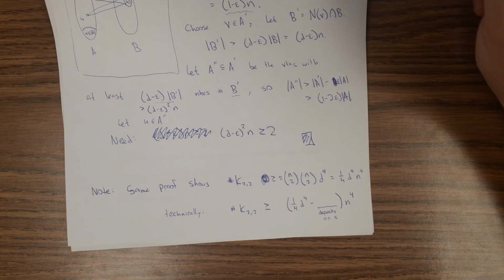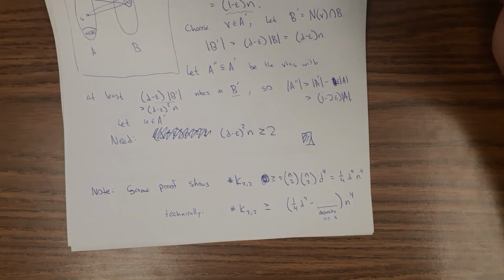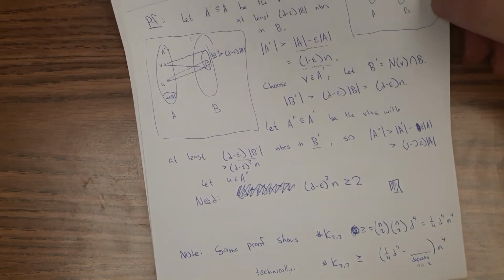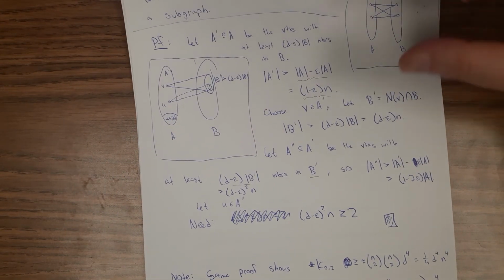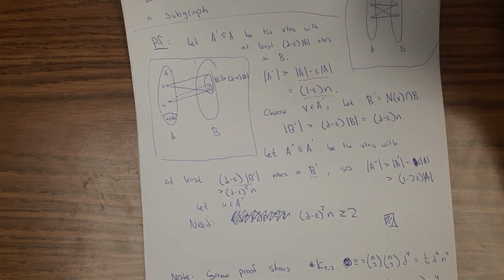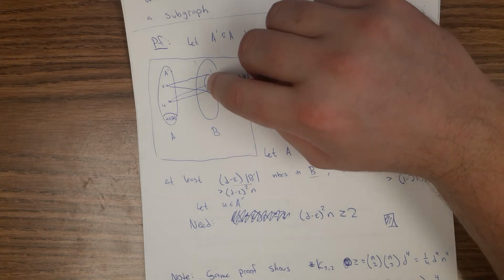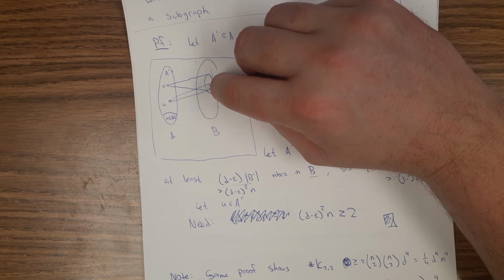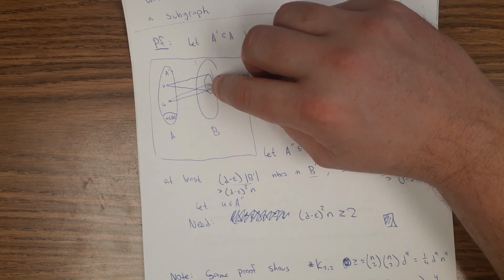By the way, if we did the same proof more carefully, it's pretty clear that this proof can be pushed a lot farther. For example, in the end, we just needed this set to be of size at least 2.